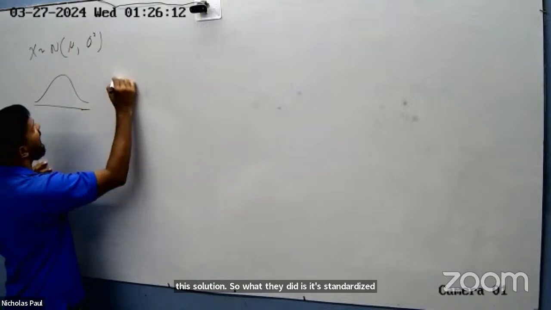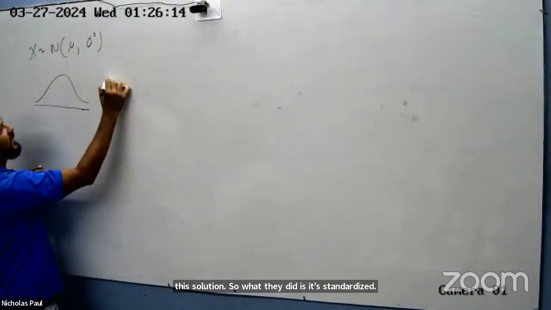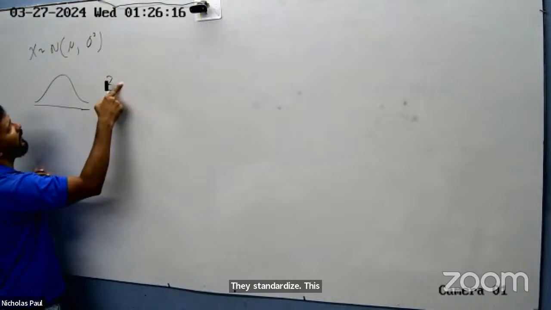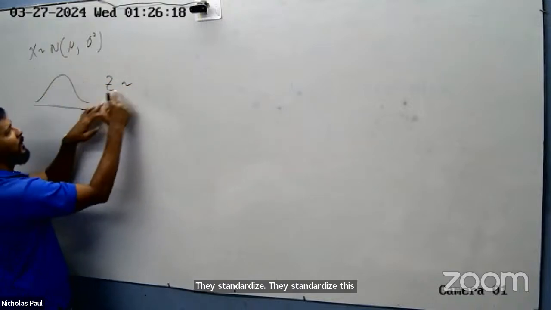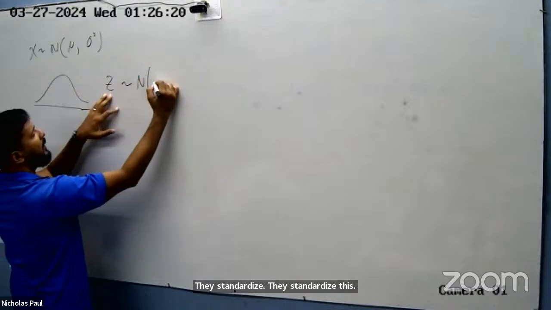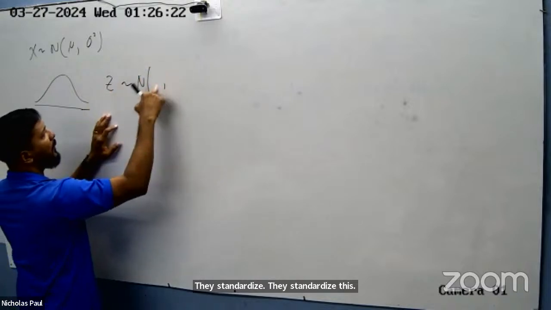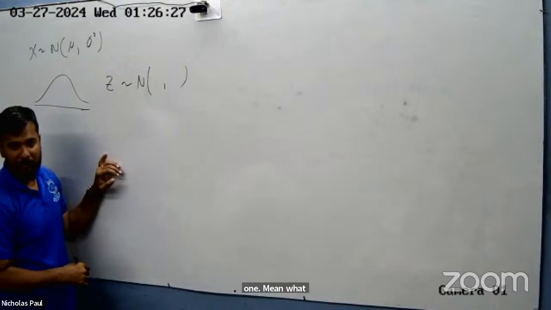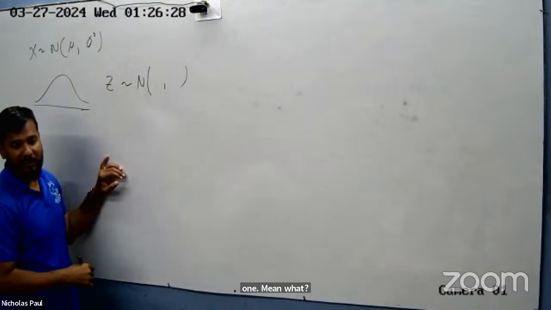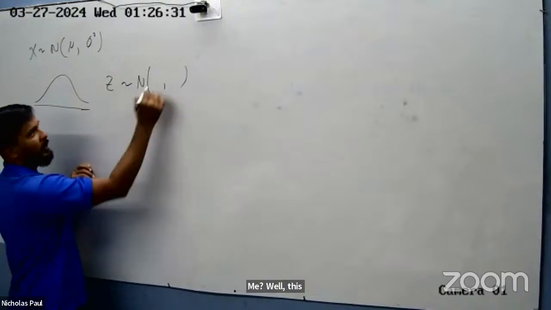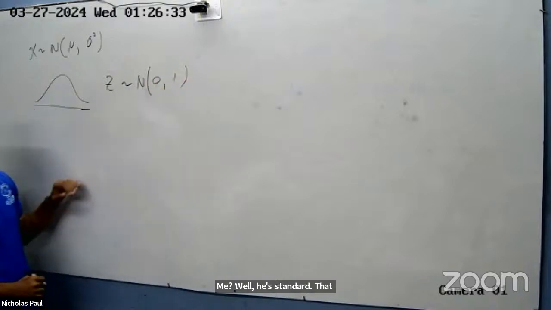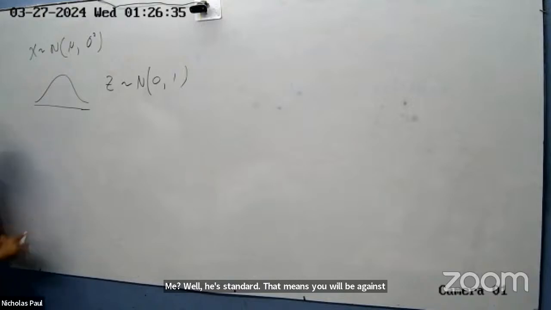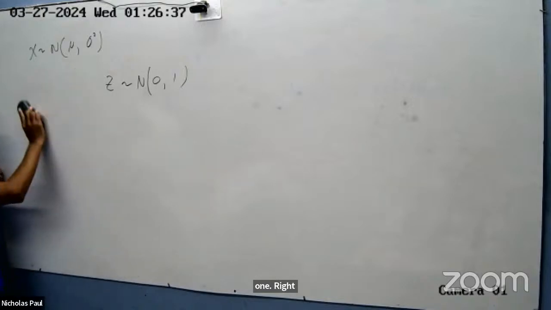They standardize this to Z, a normal distribution with mean 0 and variance 1, right? So how do we obtain values now?